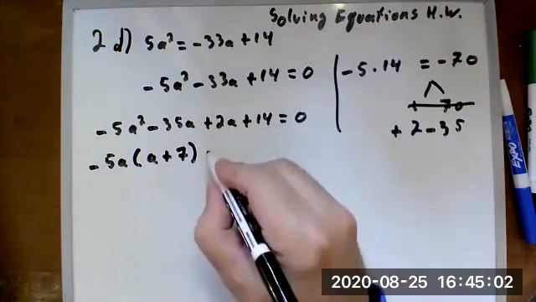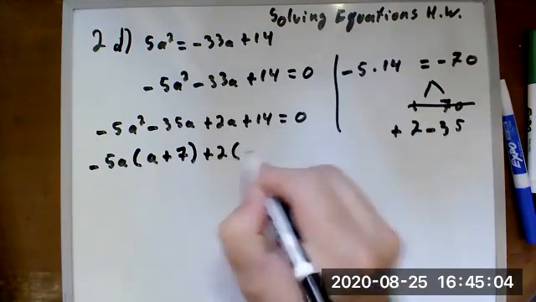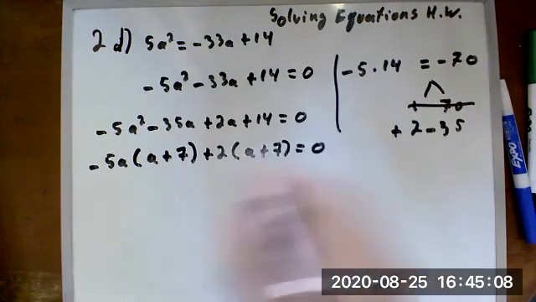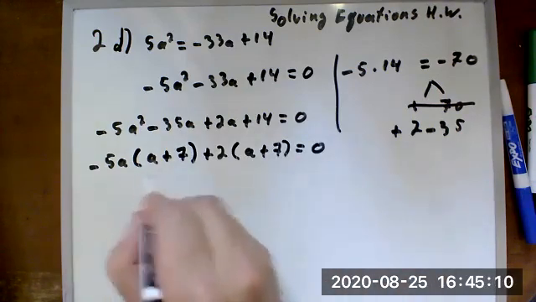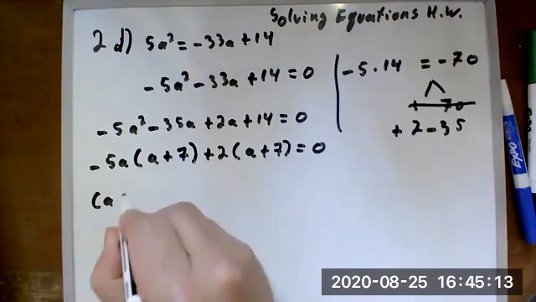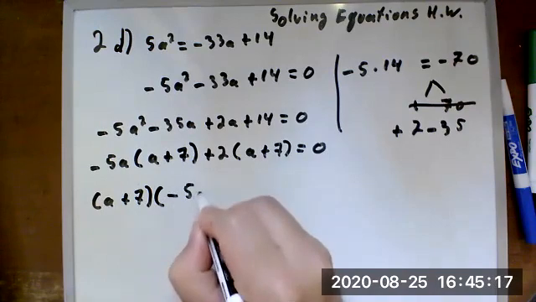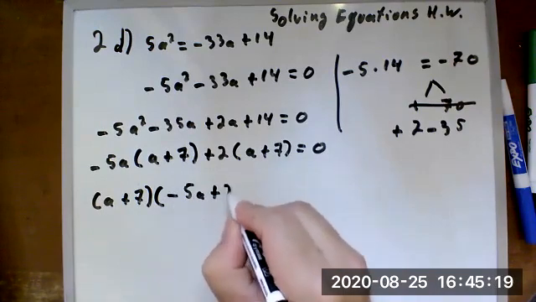Out of the second two terms, I can pull out a 2, which also leaves me with an a plus 7. A plus 7 is then common. My other two terms go in the second bracket.